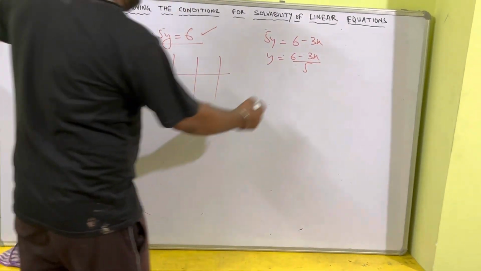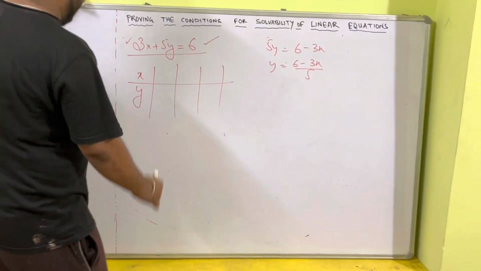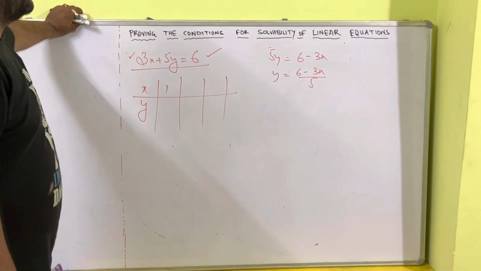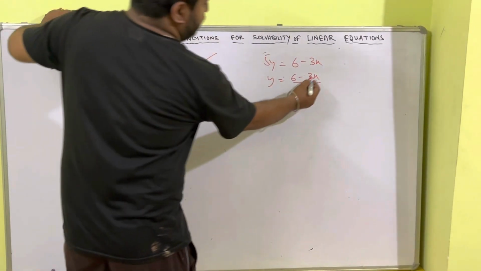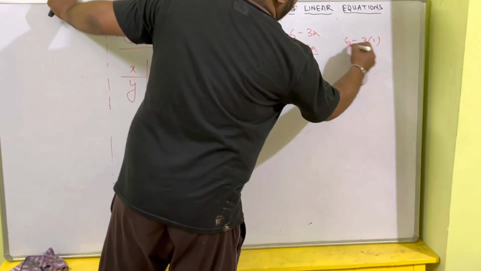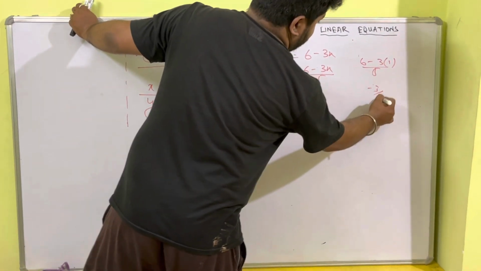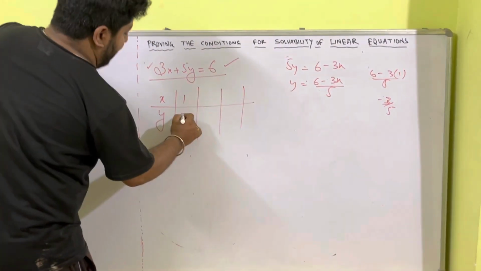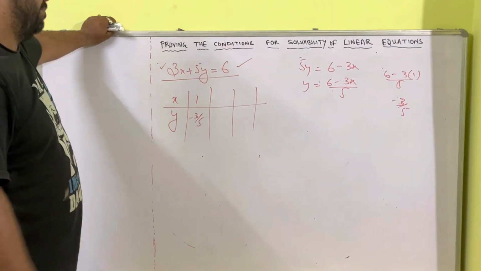Then you used to put, if I put x as 1, then 6 minus 3 into 1 by 5. 6 minus 3 is 3, so 3 by 5 will come. Yes or no? So the value of y is 3 by 5.